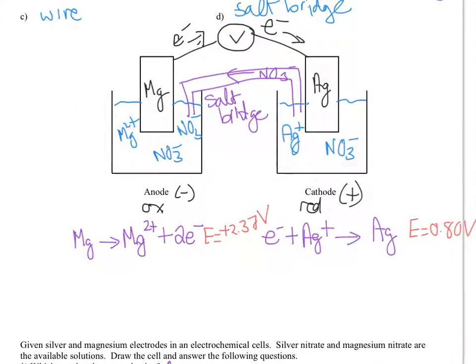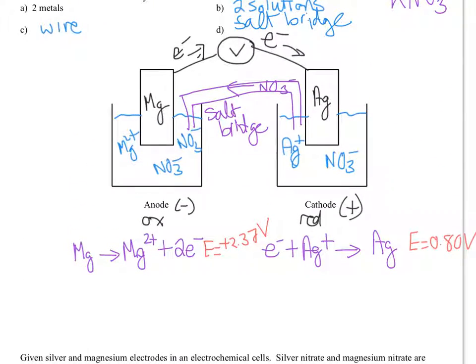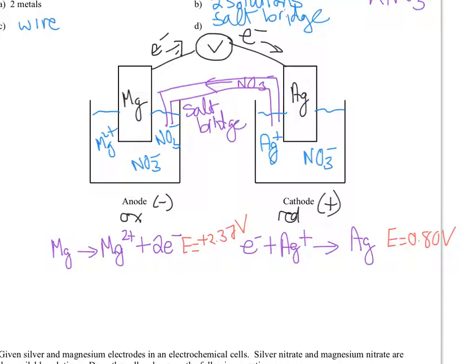So we talked about that, the magnesium is losing the electrons, and then the silver's grabbing those electrons. So this one's losing the electrons, this one's gaining the electron. The oxidation and the reduction are happening simultaneously. And so we want to put these two reactions together to show the redox reaction.